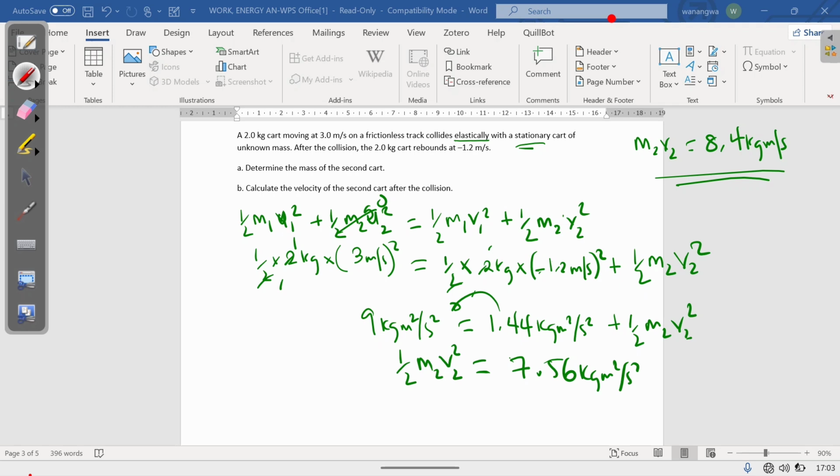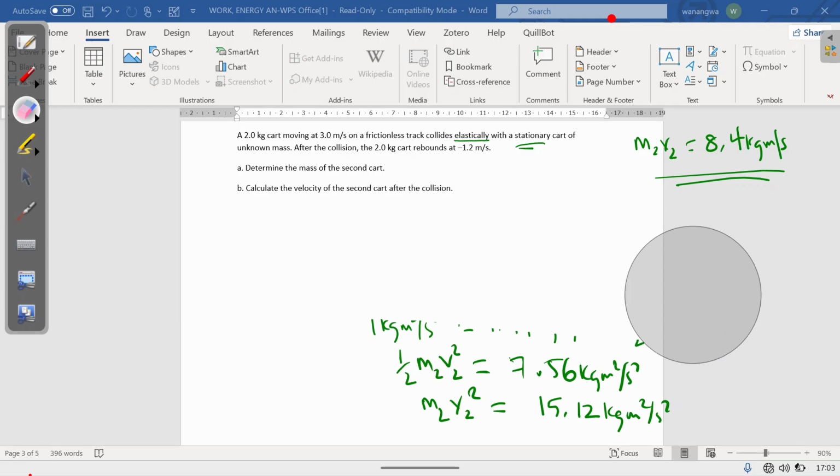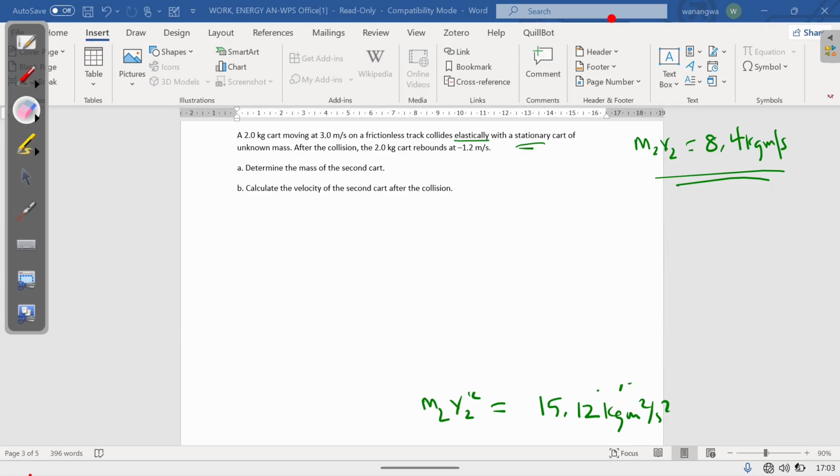Okay, that will be m2 v2 squared equals 15.12 kg meter squared per second squared. Okay, now what you're seeing here is a formation of 2 equations. Now we need to find the unknowns that are in there.